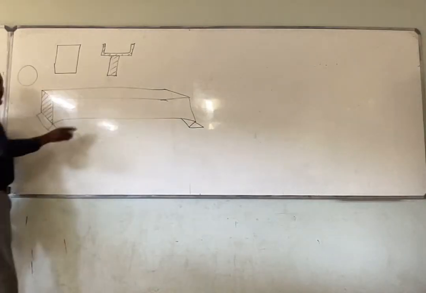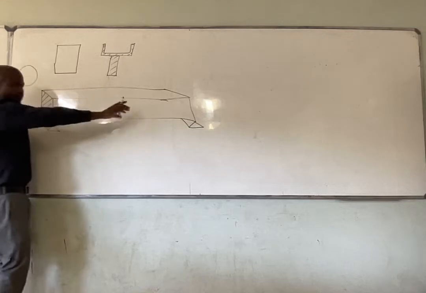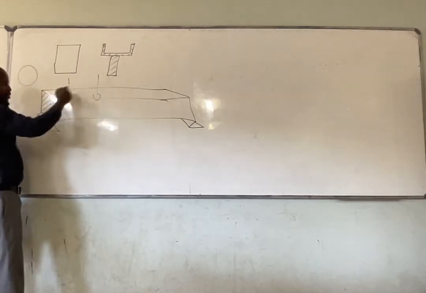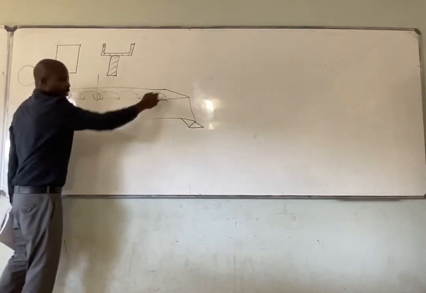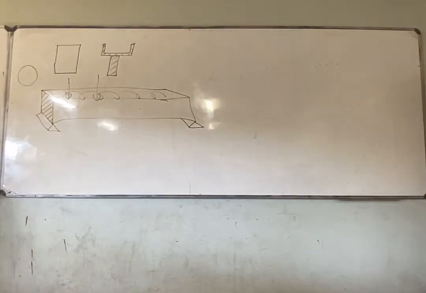This area still is a cross-sectional area. On top of this beam, you apply load. It can be a point load, or it can also be a UDL. It can as well be combined with the mass of the beam.